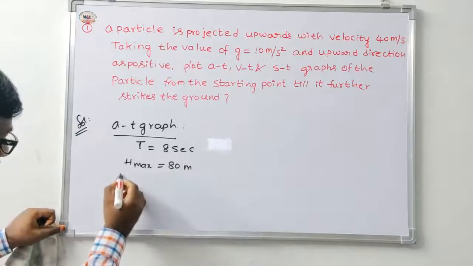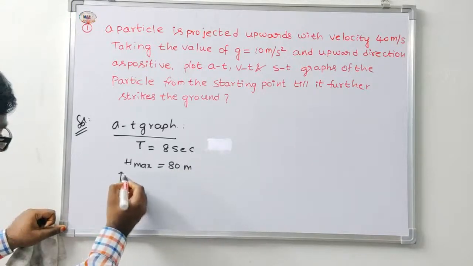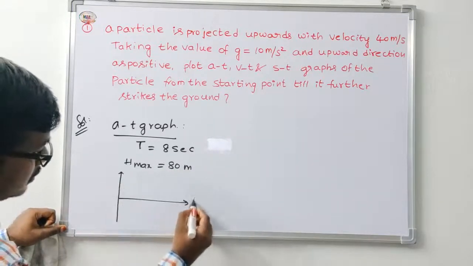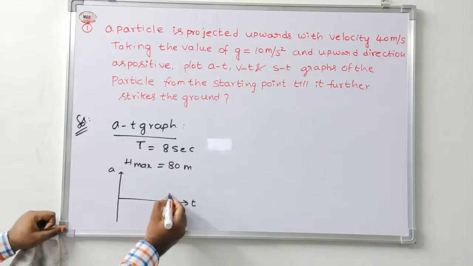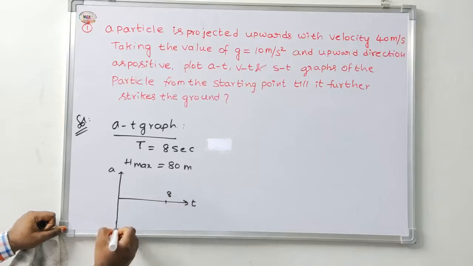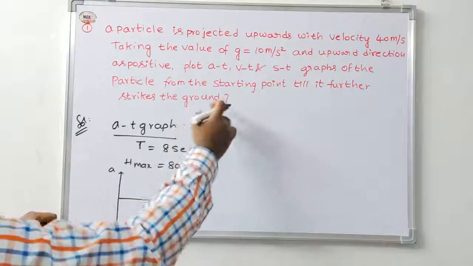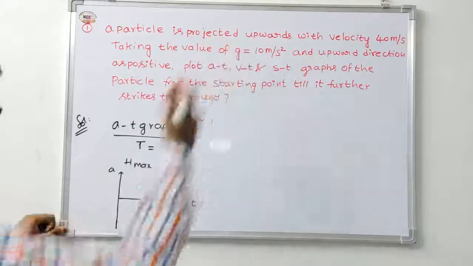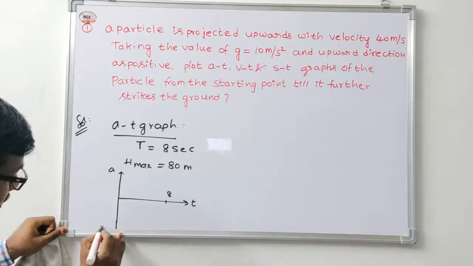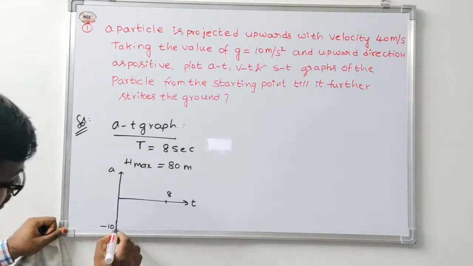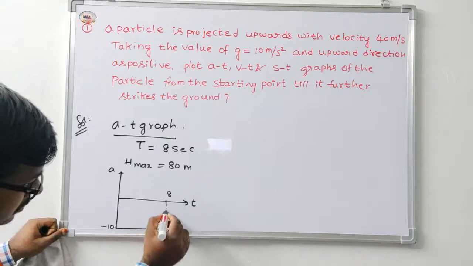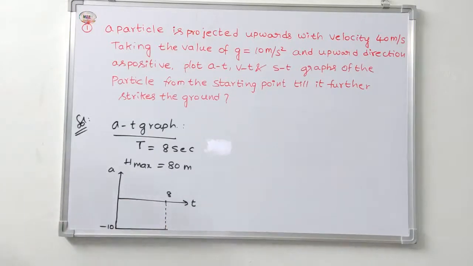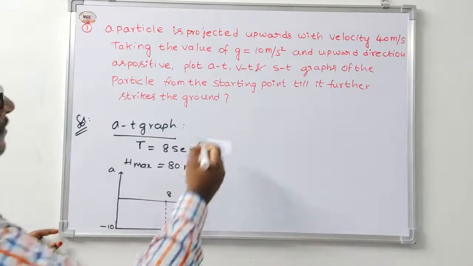Take time and acceleration, this is the 8 second. The acceleration is downward, while the projectile is upward, so it is minus 10. This is the acceleration time graph.